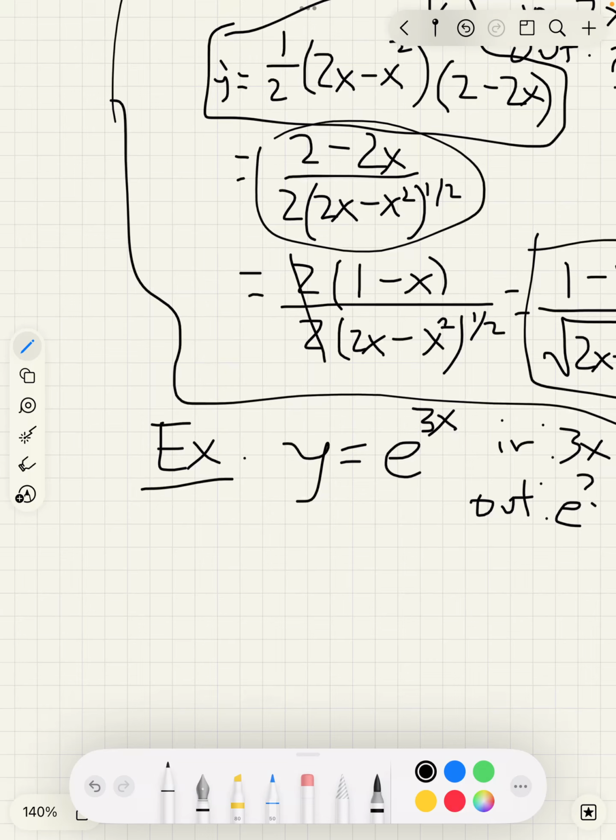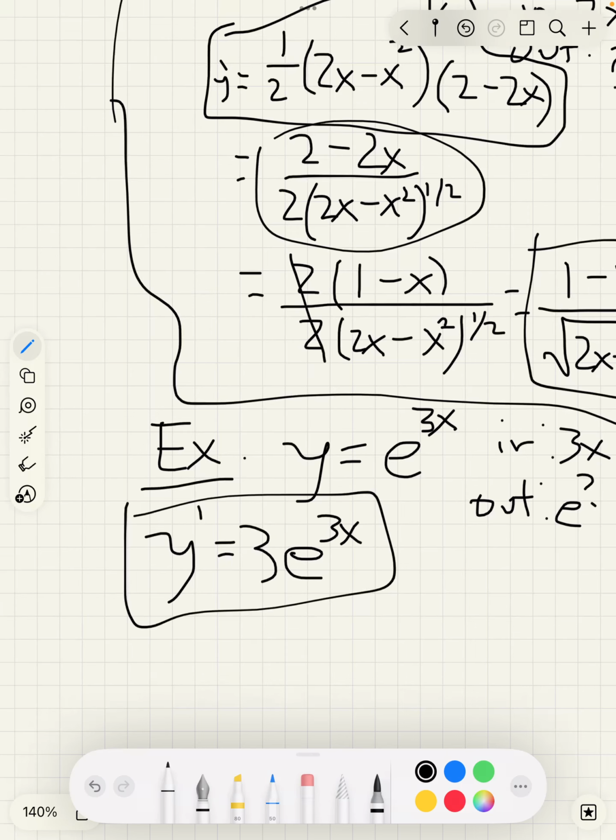So the derivative of e to the stuff, remember we start with the derivative of the outside, is just e to the stuff. All right, and instead of stuff, we're going to plug our inside back in. And then we multiply by the derivative of the inside. So the derivative of 3x is 3. And that's the derivative.